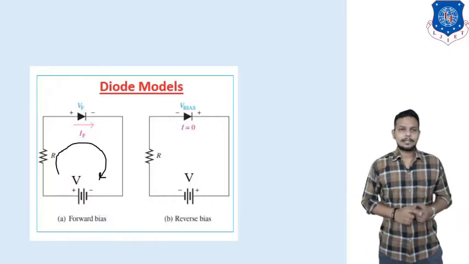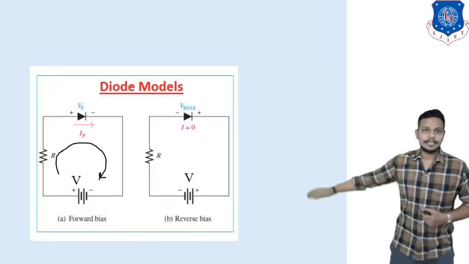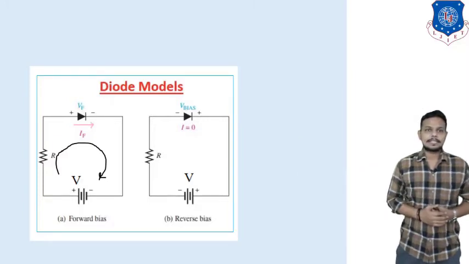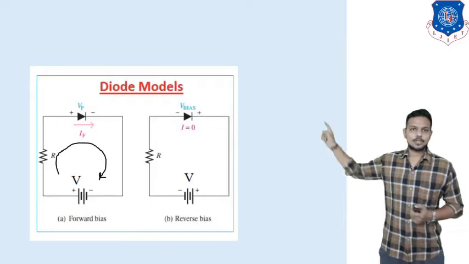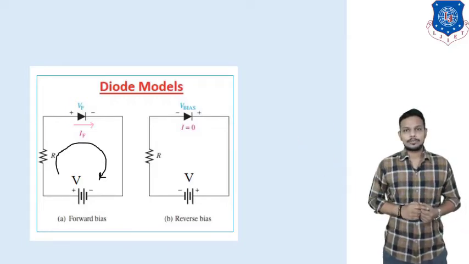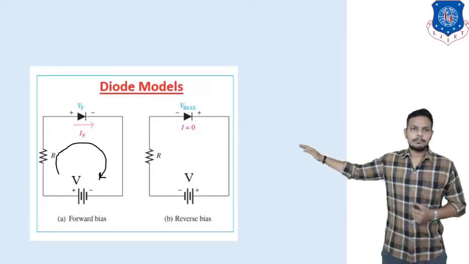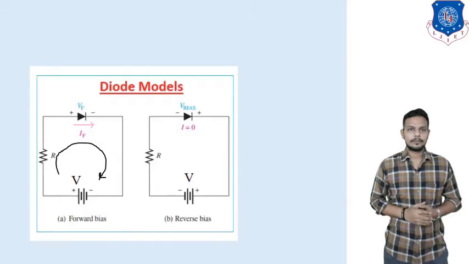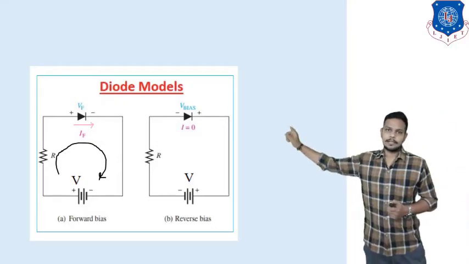So this diode is equivalent to the closed circuit, whereas in reverse bias we can see here in figure B, the current flows from plus to minus, which is the opposite direction of the diode symbol. So its equivalent circuit will be open circuit. So there will be no current flow in this circuit diagram.